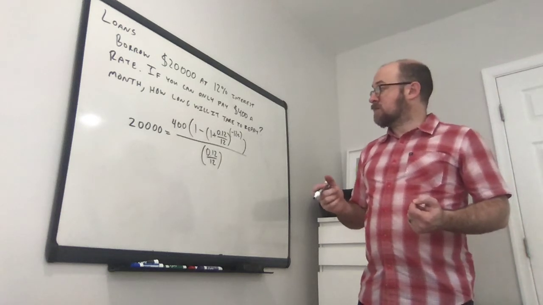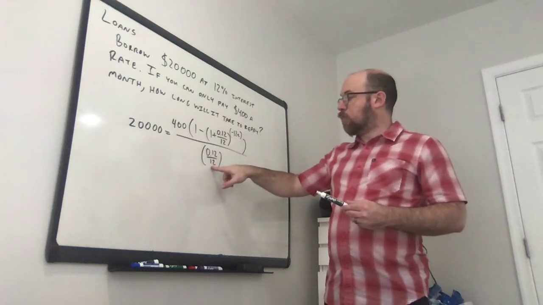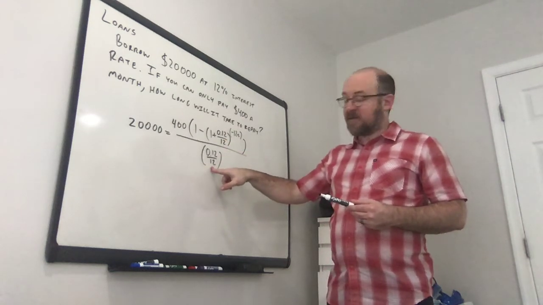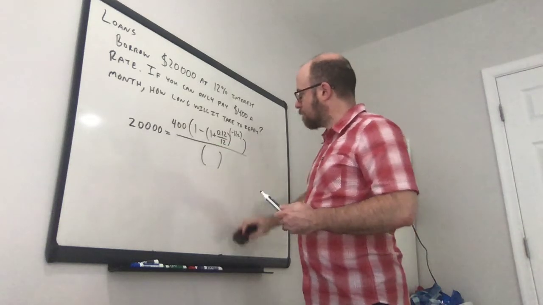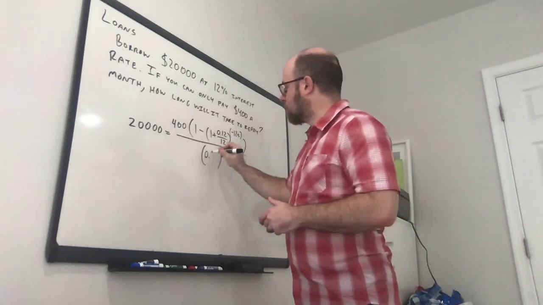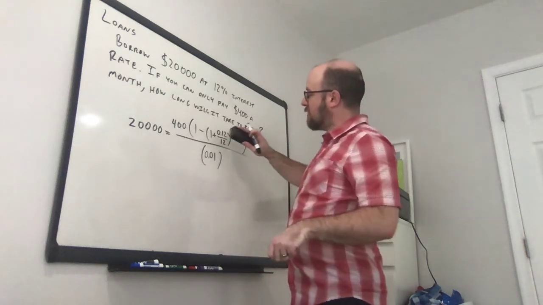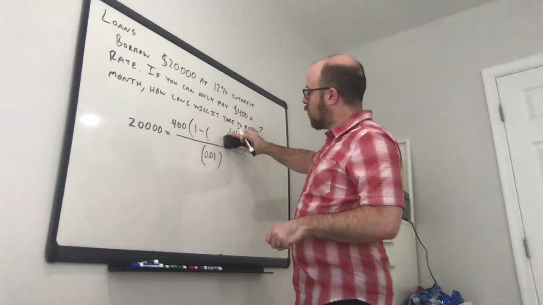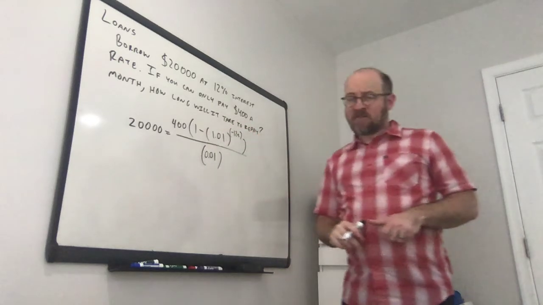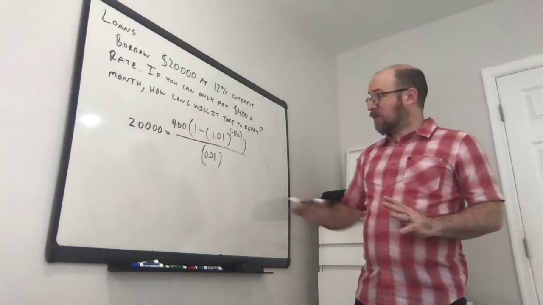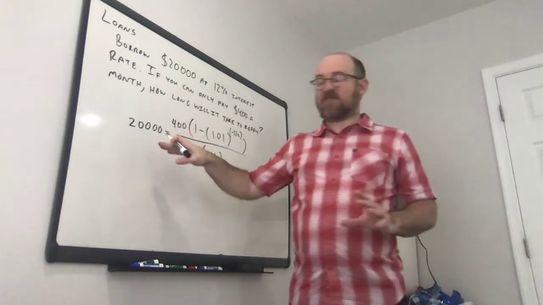Okay? So let's see. I am going to simplify this a little bit first. So 0.12 divided by 12, that's going to be 0.01. One plus 0.12 divided by 12 is going to be 1.01. Okay? So that just makes our lives a little bit easier because now I can take this 0.01 over to the other side.